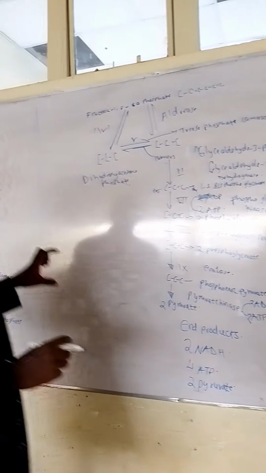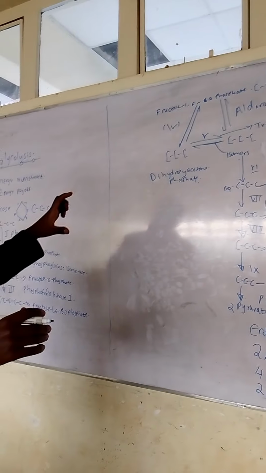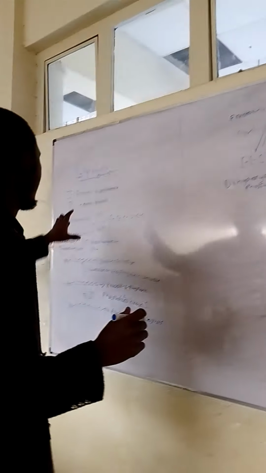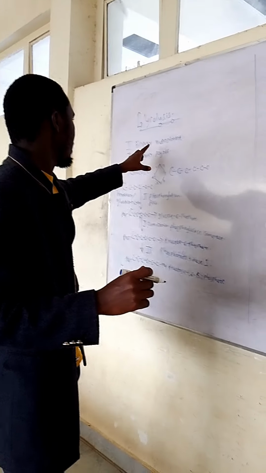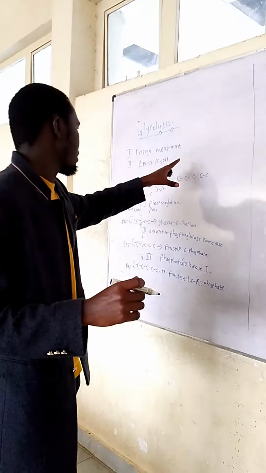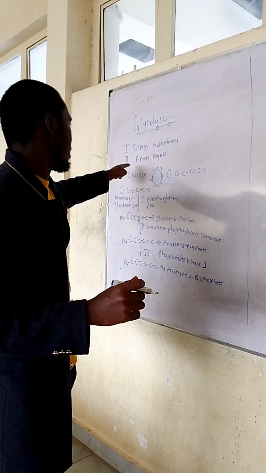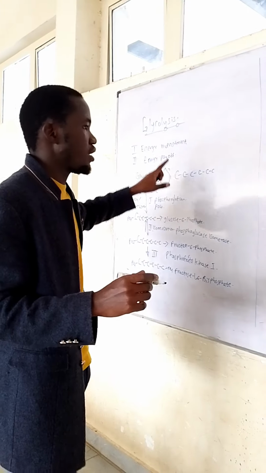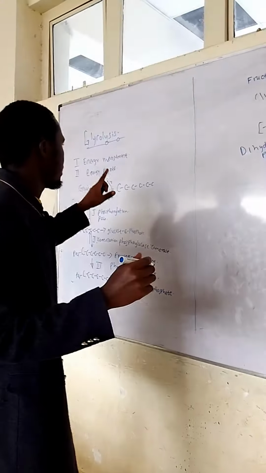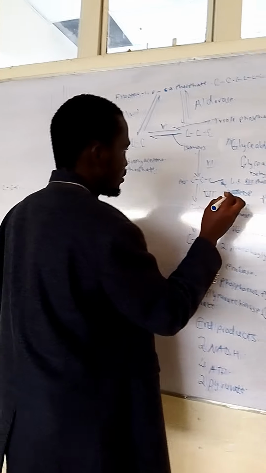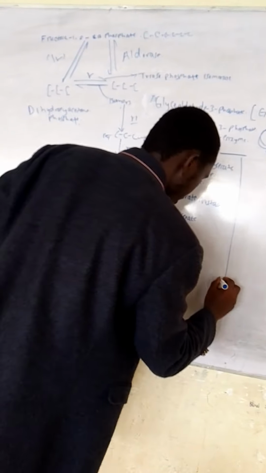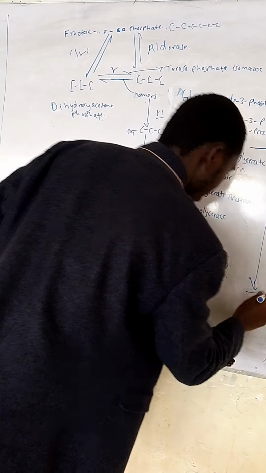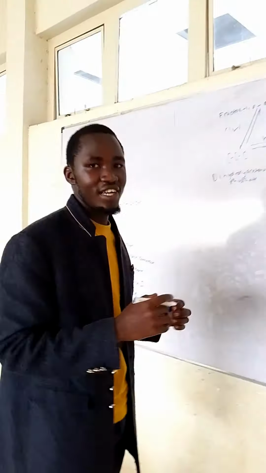So basically the whole process of glycolysis is divided into 2. The first is called the energy investment step, and the second is called the energy payoff step. The second step begins at the 6th process all the way to the 10th process. So that's the whole process of glycolysis.